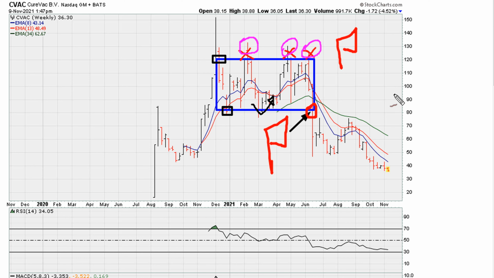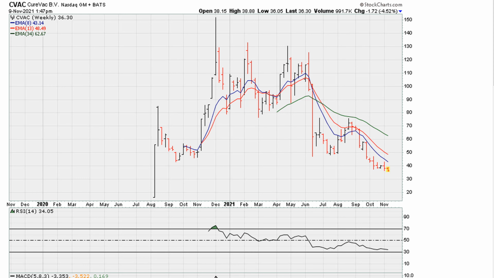Right here. Time to get out. For sure, that's $80, give or take. And you would have saved yourself from holding in the mid-30s. Now remember, lots of failed breakouts. These failed breakouts were red flags. Alright, let's take a look at the next example.